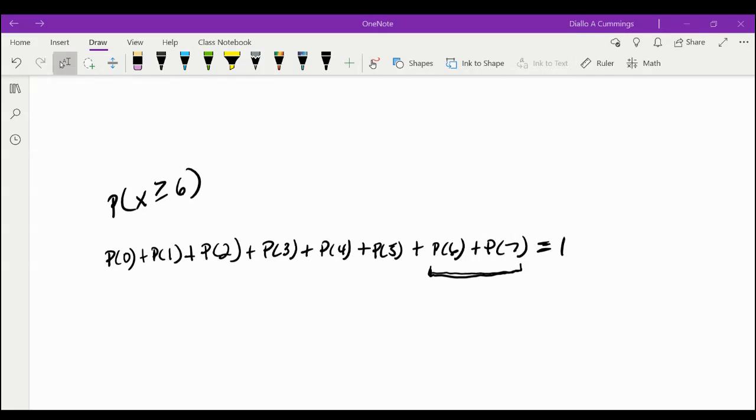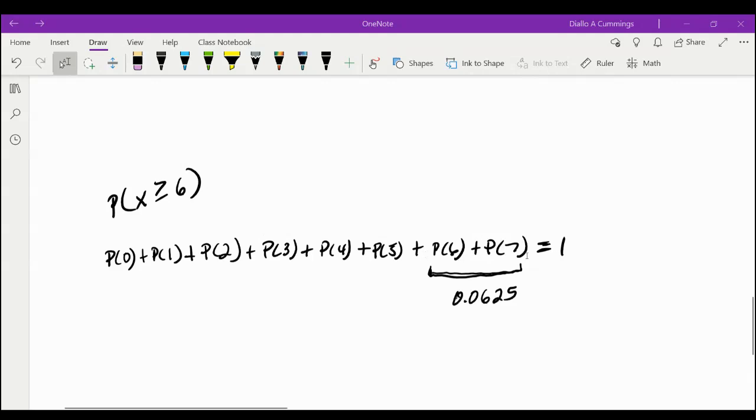So I'm going to hit binomial PDF. I'm going to put in 7, comma, 0.5, comma, 7, and I get 0.0625. Okay. So this is one way to do it.